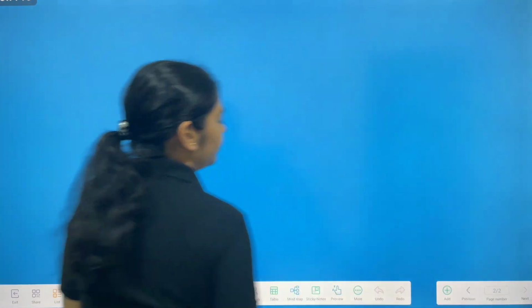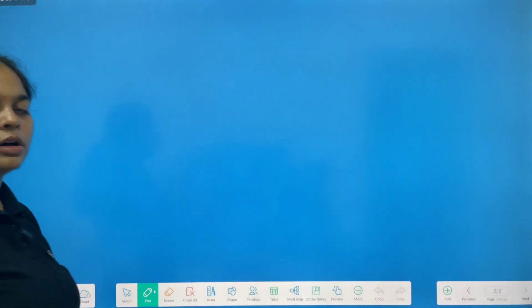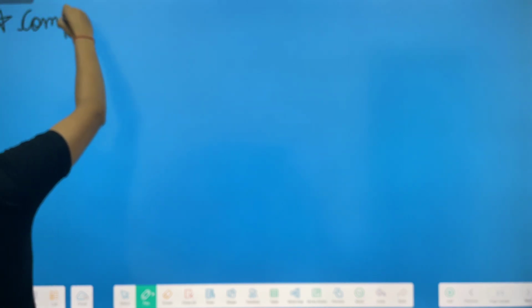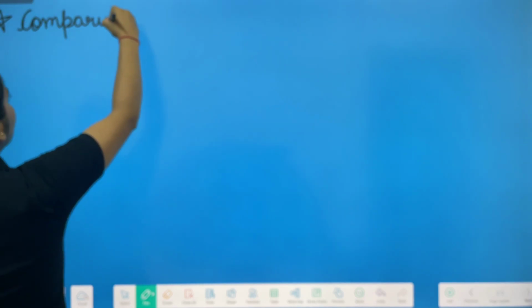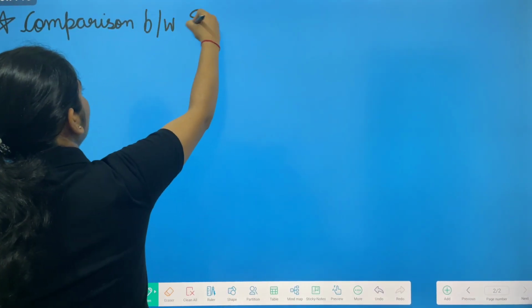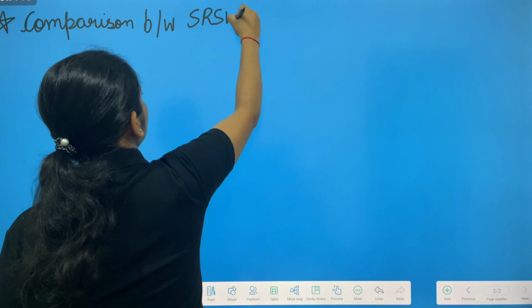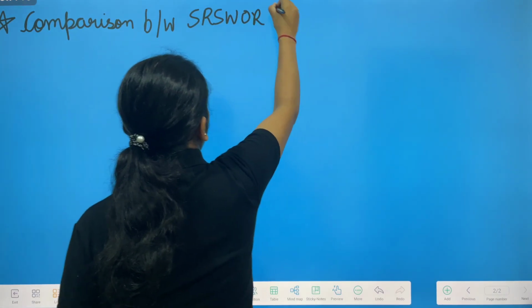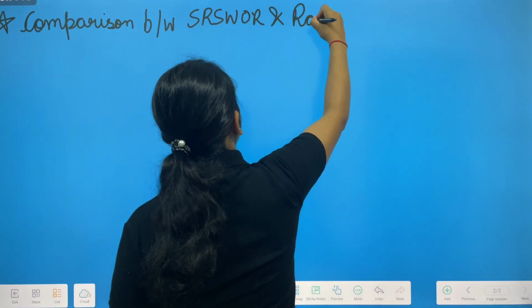Now we'll do the derivation of the comparison between the efficiency of the ratio estimator and simple random sampling, to see which is the more efficient estimator. Comparison between simple random sampling without replacement and the ratio estimator.